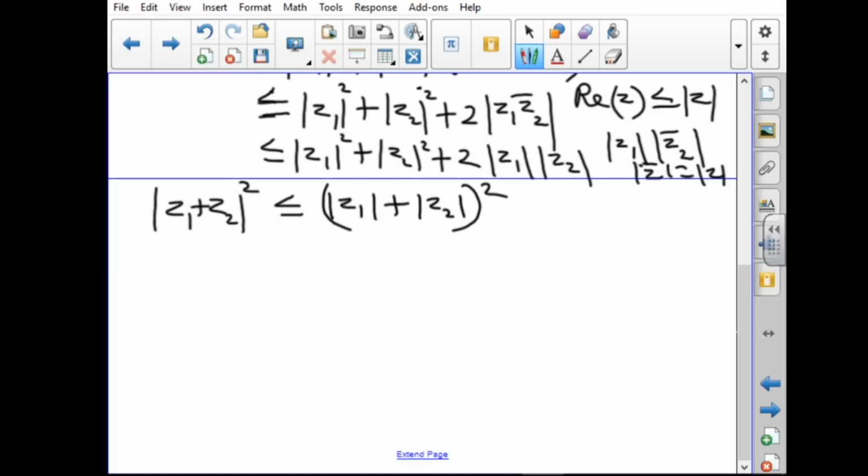Now, taking the positive square root, we get modulus of z1 plus z2 is less than or equal to modulus of z1 plus modulus of z2, which proves the triangle inequality.